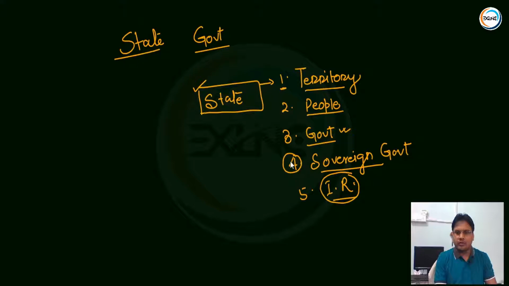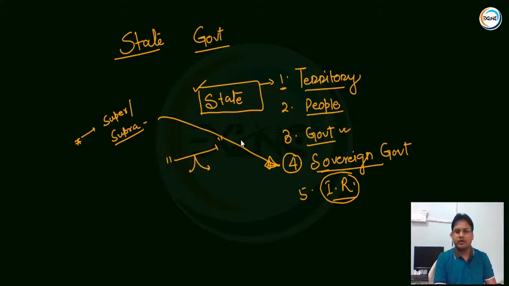Whenever we say sovereign government, what do we mean by the term sovereign? Sovereign means supreme. In the domain of policy making and policy implementation, to design the policy for welfare, development and all those aspects, there should not be any supranational institution, or any superior institution which could pressurize the government or compel the government to follow certain provisions or norms.